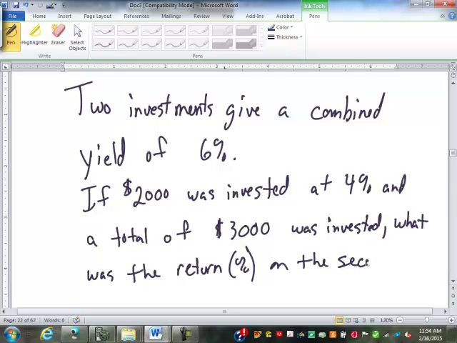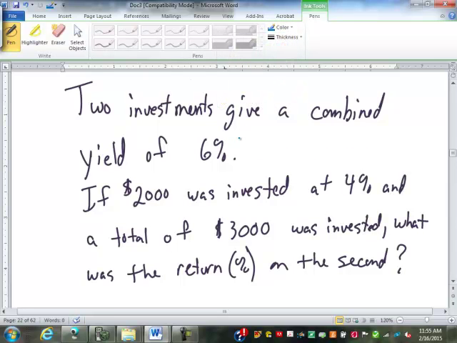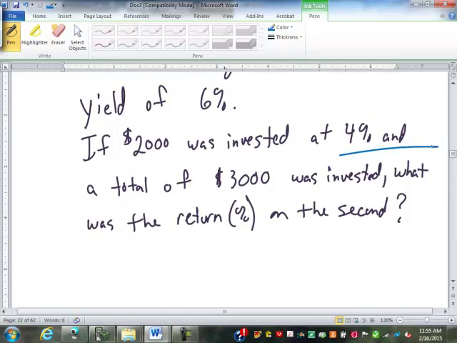So now we're looking at this one a little bit differently. We have a 4% investment. To that, we are adding an unknown return, and we're getting a mixture that yields 6% total.